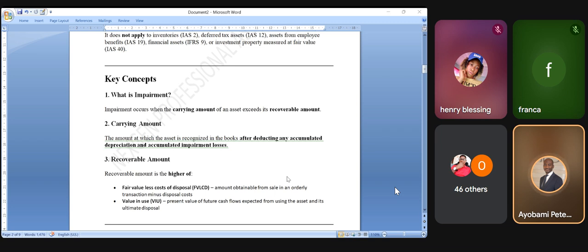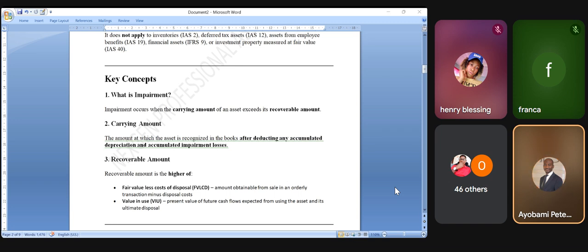Let's assume, for instance, now, like I said, we'll go to practical fully. Let's assume the value of a motor vehicle in our books as of today is 400,000 naira. 400,000 naira is the net book value of our asset, that's the motor vehicle, for today. I'm just placing it, I'm not using PPE now. I'm bringing out an asset from PPE, that is the motor vehicle. And I said today the value is 500,000 naira.